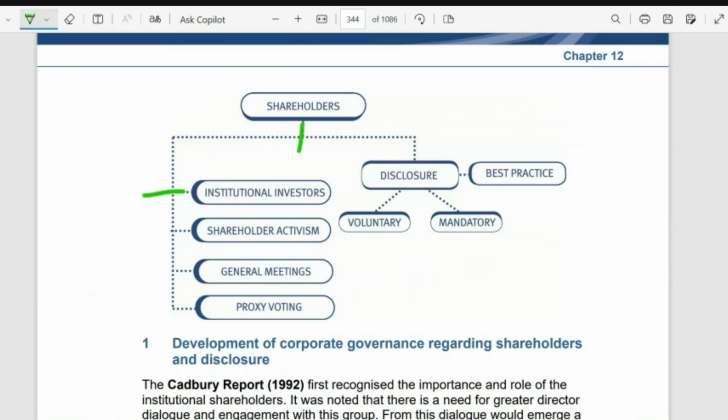There are institutional investors, shareholder activism, general meetings, and proxy voting. Disclosure is also made by the company to shareholders and stakeholders, both voluntary disclosure and mandatory disclosure. Mandatory disclosures are those which the company has a duty to disclose, to inform the users of the statement.